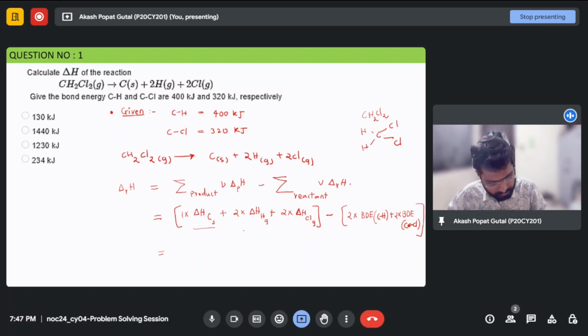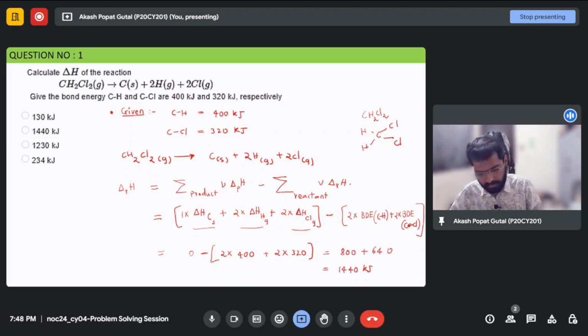So for carbon, hydrogen, and chlorine, because they exist in their elemental form, their delta H will be zero, minus 2 into the bond dissociation energy of C-H, which is 400, and plus 2 into the bond dissociation energy of C-Cl, which is 320. That gives in kilojoule 800 plus 640, which is nothing but 1440 kilojoule. The answer is option number 2.